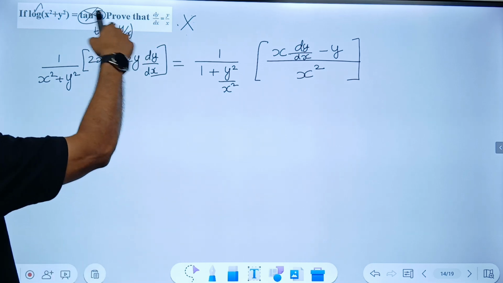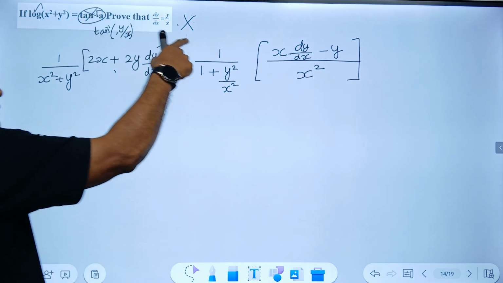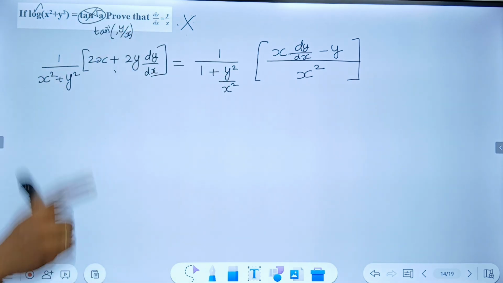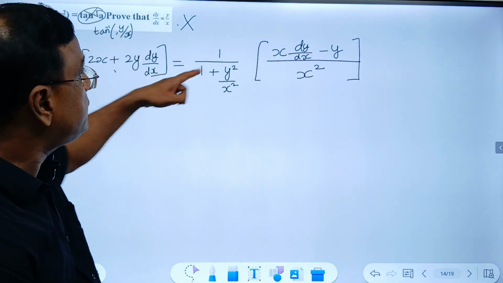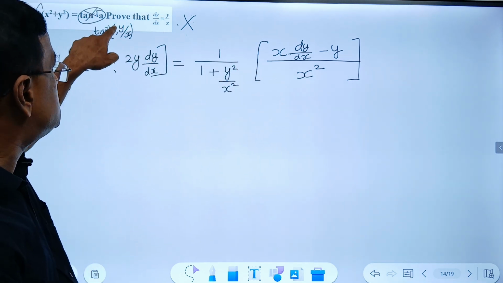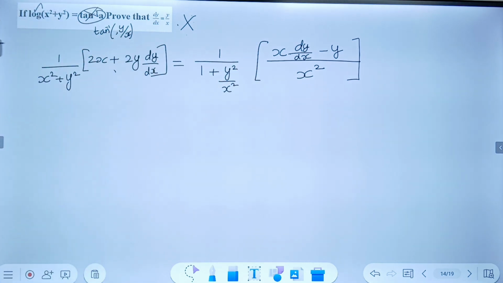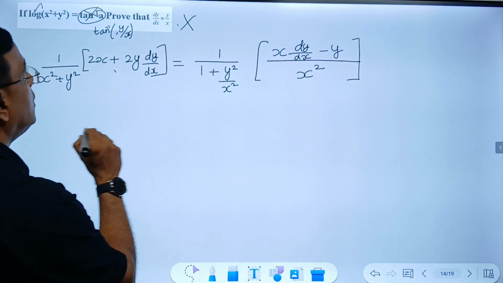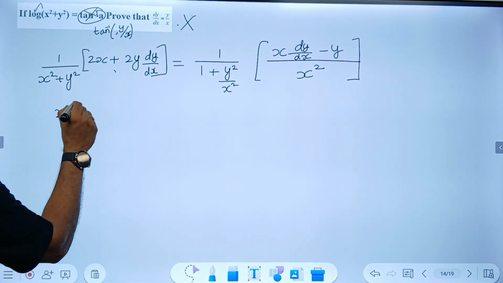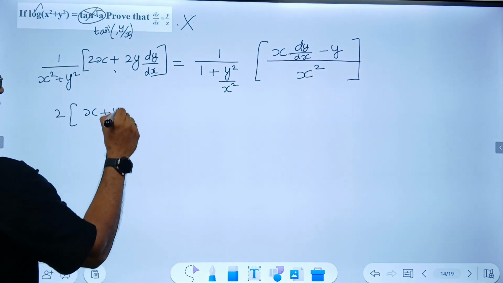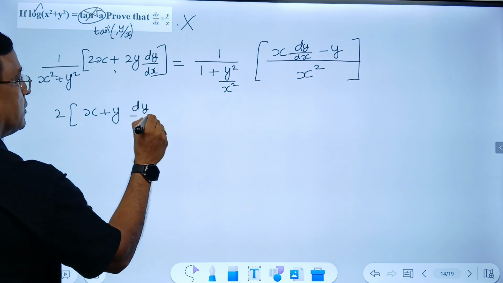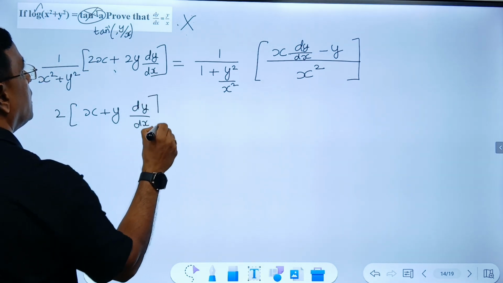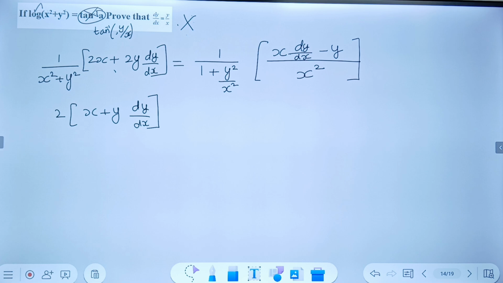So I used chain rule. First I differentiated tan inverse, then I differentiated y by x. How did I differentiate y by x? I used quotient rule. U is y and v is x. Now this will be 2 times x plus y into dy by dx. Okay.